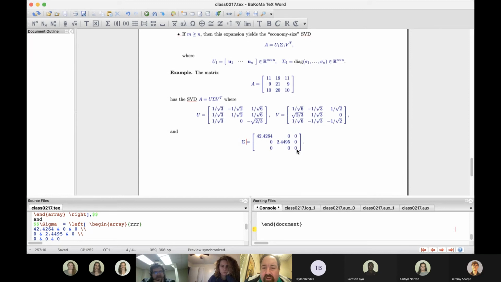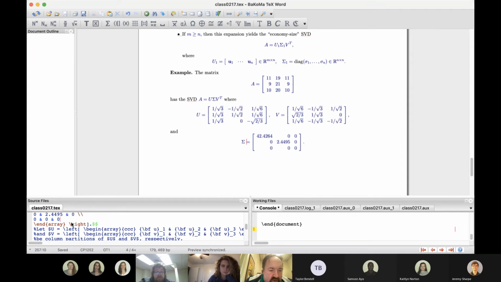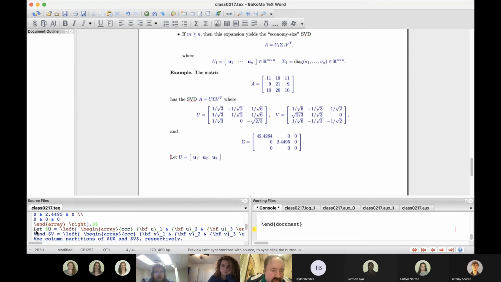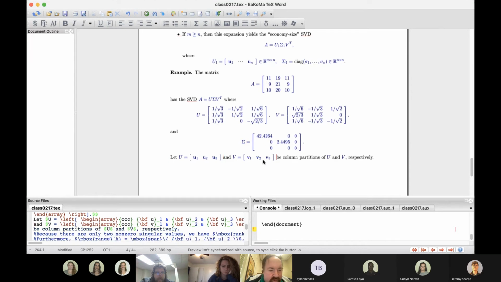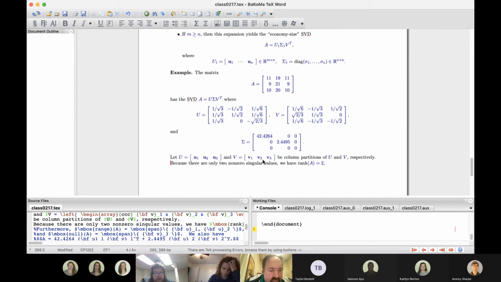So here we have a singular value being 0. We only have these two non-zero singular values. So what we can conclude from that, if I use these column partitions of U and V, where U1, U2, U3 are the columns of U, and similar for V: the rank is 2.